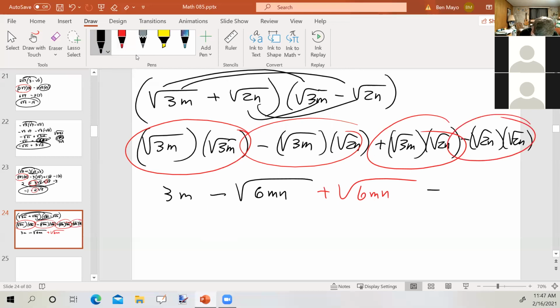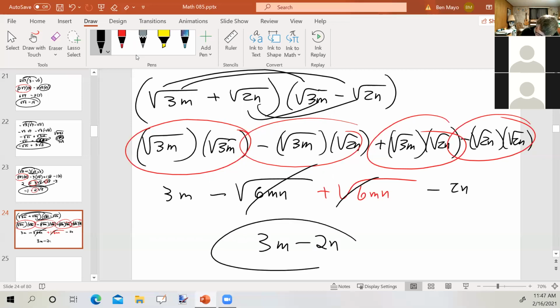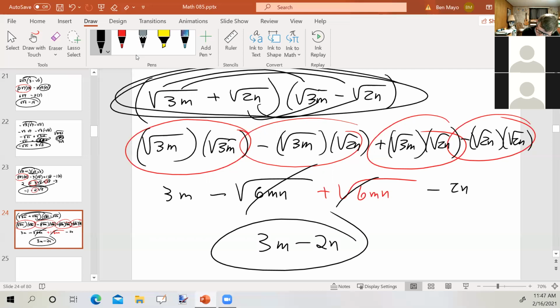And that would be minus 2n. The middle terms cancel. After all, isn't that a conjugate pair, the difference of two squares? So the middle terms canceled out. Okay. Any questions there?